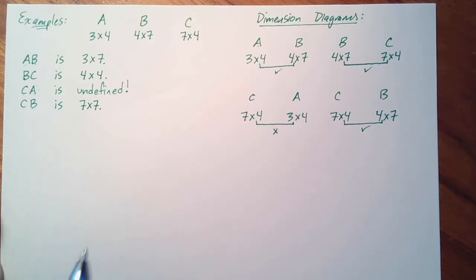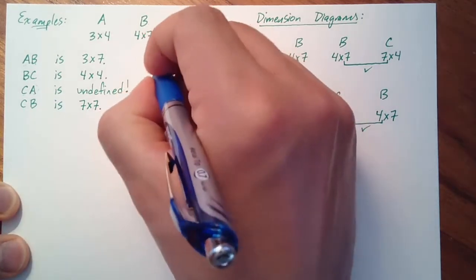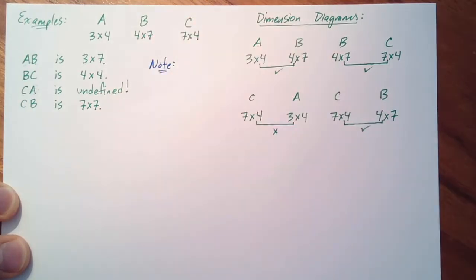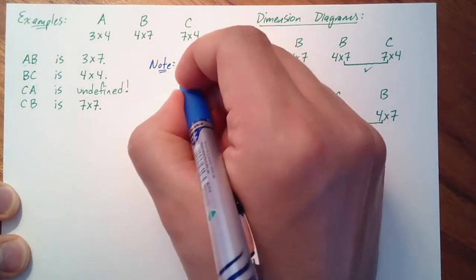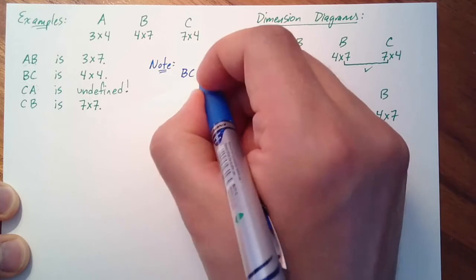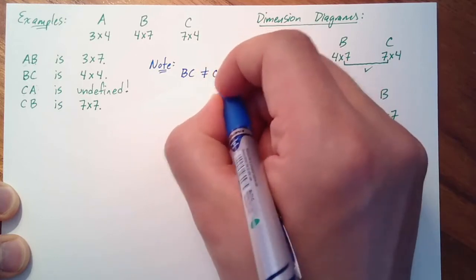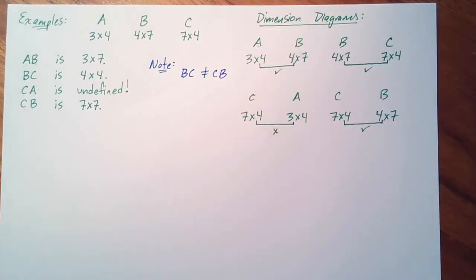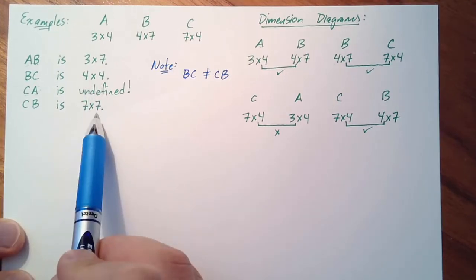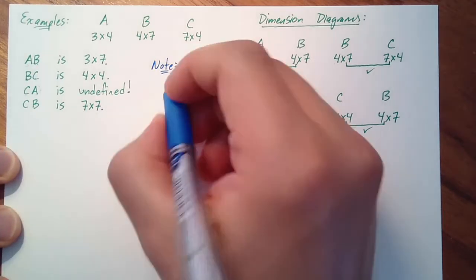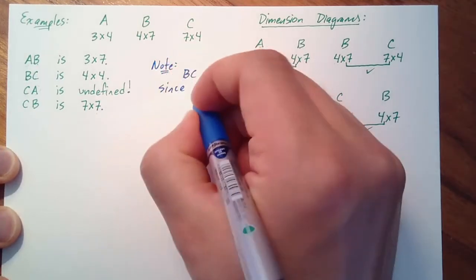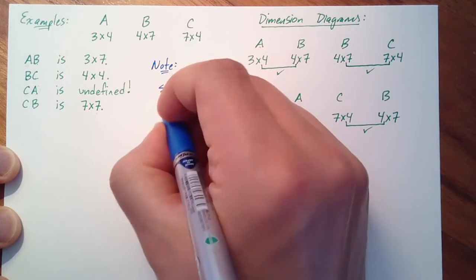So actually, I will write something down. So note, in this case, BC is not equal to CB. We can say that with confidence without even knowing the entries of either the matrix B or the matrix C. Just the fact that their dimensions are different is what allows us to conclude this. So since they have different dimensions.